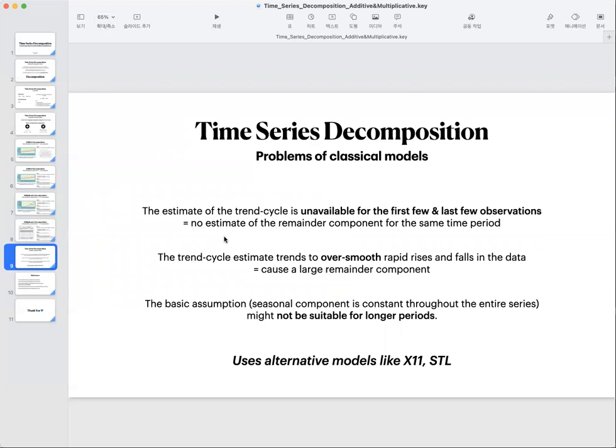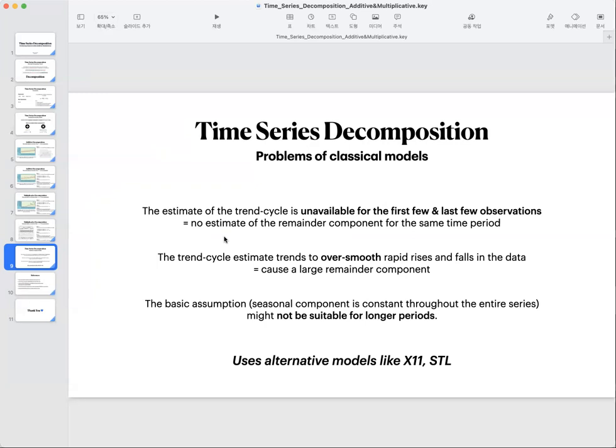But the first observation does not yield an MA since there are no preceding observations, and the same applies to the last one. That also means there is no estimate of the remainder component for the same time periods, since we don't have any trend in the first or last ones.